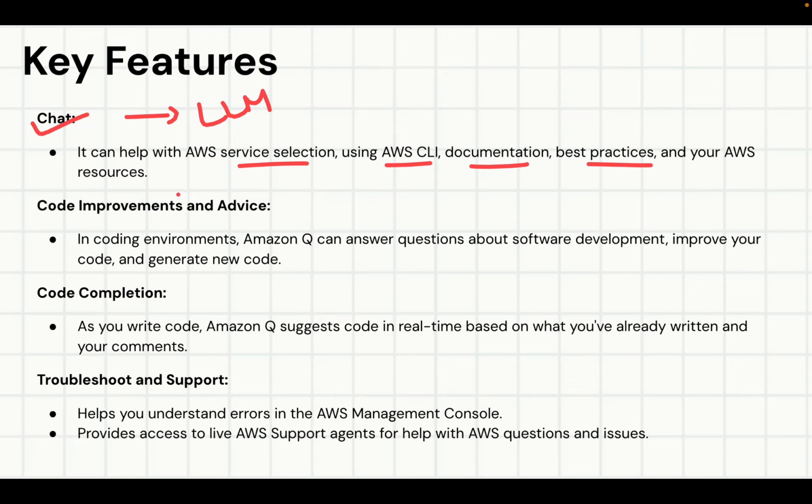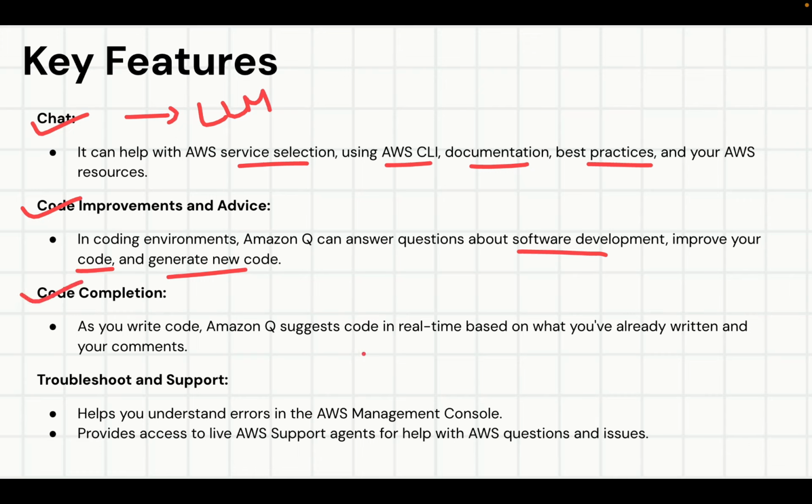So you can chat normally with Amazon Q Developer and get your things resolved. It is also going to give you code improvements and advice. If you are working on a specific section of code, it can help you get things done. For example, Amazon Q can answer questions about your software development, improve your code, and even generate new code. Overall, it is going to get your things achieved in the coding form.